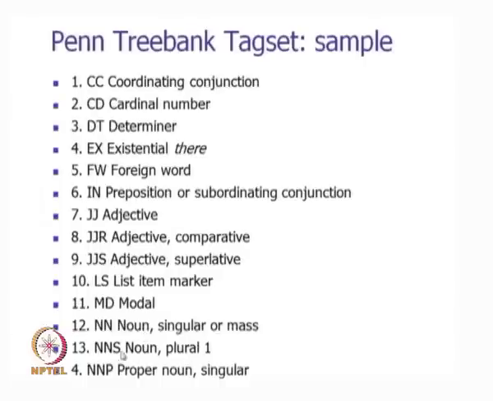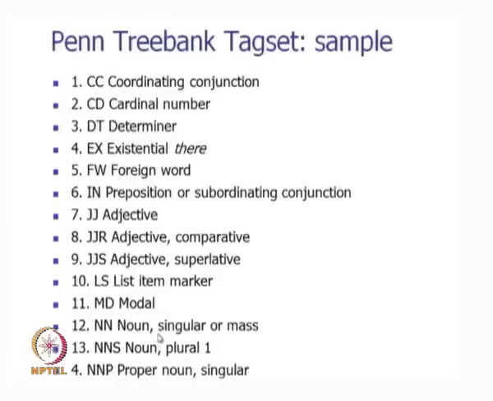Now, one of the important reasons for this is that in English most nouns can be used as verbs. So, the plural form of a noun is almost always same as the third person singular number present tense form of a verb.